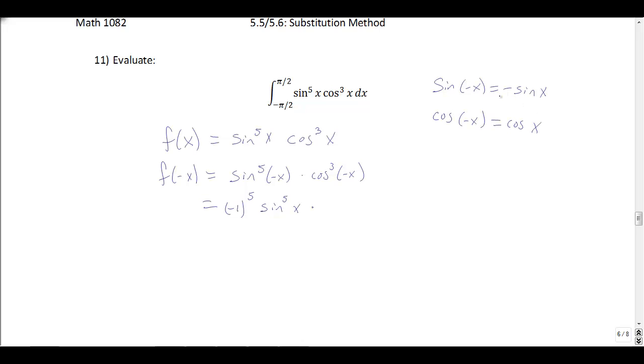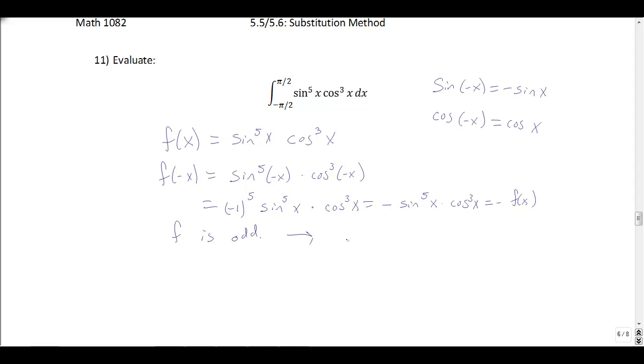I don't get the negative out in front. So the negative doesn't actually change anything on the cosine. So in the end, I get negative sine to the 5th x times cosine cubed x. Well, that's negative of f of x. So when I do a negative x, I can sort of pull the negative outside of the function. That is what it means for f to be odd.